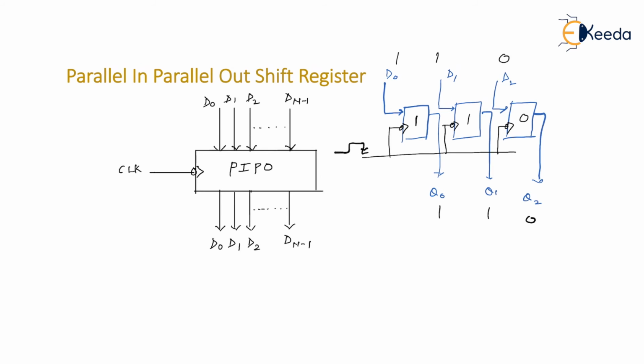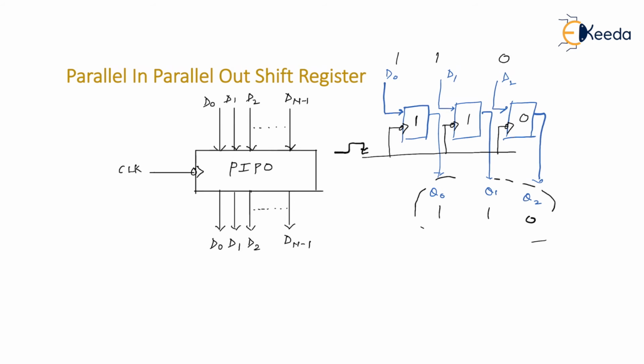Meaning that here, for storing you require only one clock pulse, and within the same clock pulse, as you can see, the data is available on the respective pins, meaning that you require absolutely no extra clock pulse to retrieve the data. The moment the data gets stored, at the same time the data is available on the respective pins.